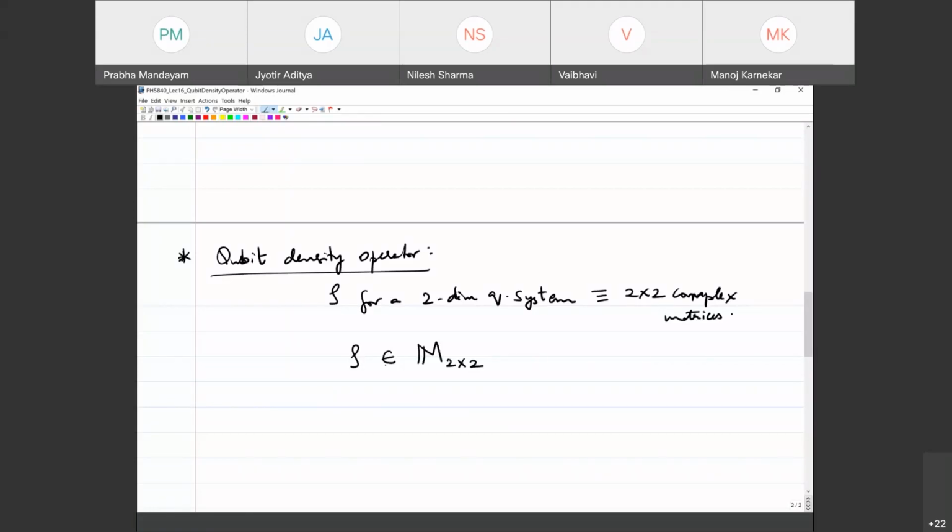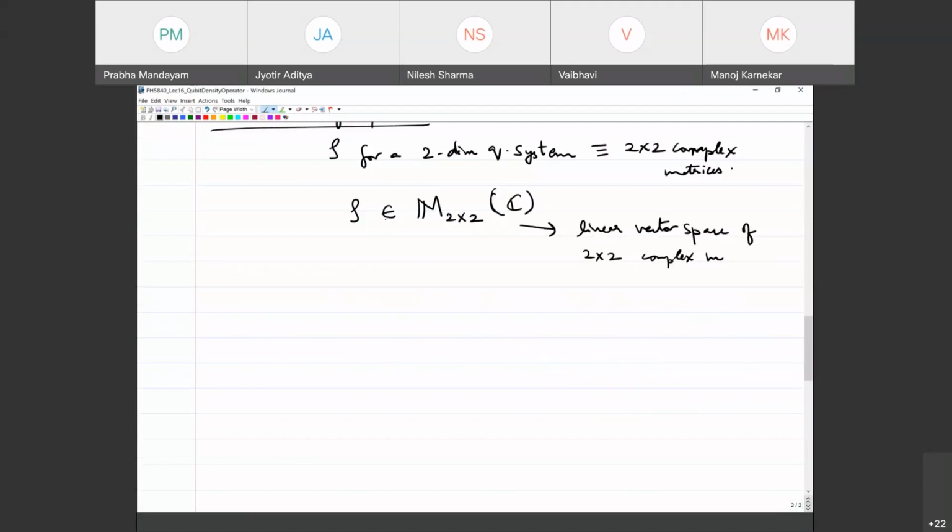I think I wrote this as M 2 cross 2 of C. This is actually a linear vector space, a complex linear vector space of 2 cross 2 complex matrices, and by complex, I mean that the entries are complex. We already showed that this is a vector space. It satisfies the properties. We even identified a basis for it.